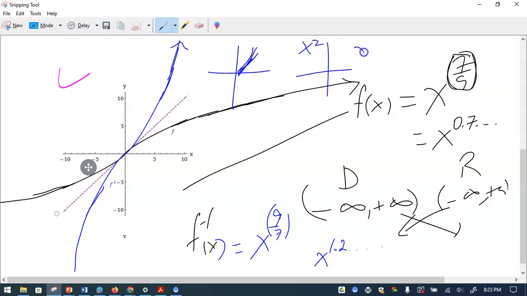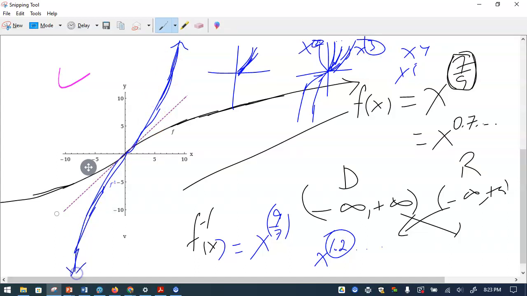If it is x raised to 3, it is going to be this way. If it is x raised to 4, it will be something like this. If it is x raised to 5, then it goes this way, becomes skinny like this. What is important is this number is 1.2, so this will be between 2 and 3, something like this. I hope I'm making some sense there.